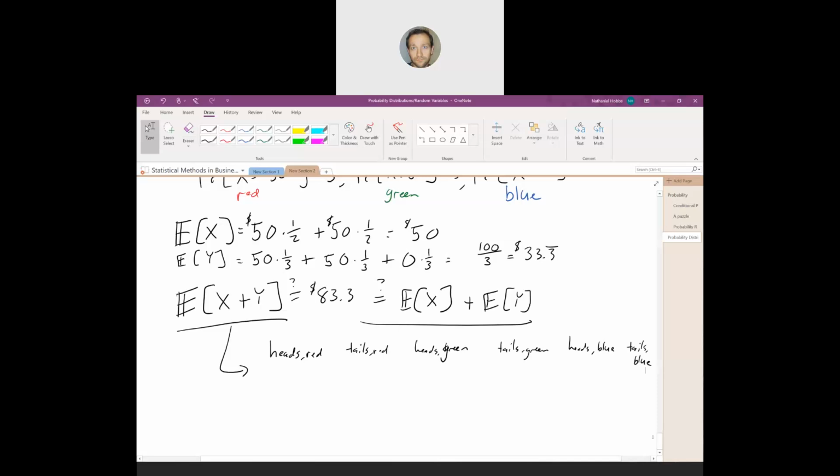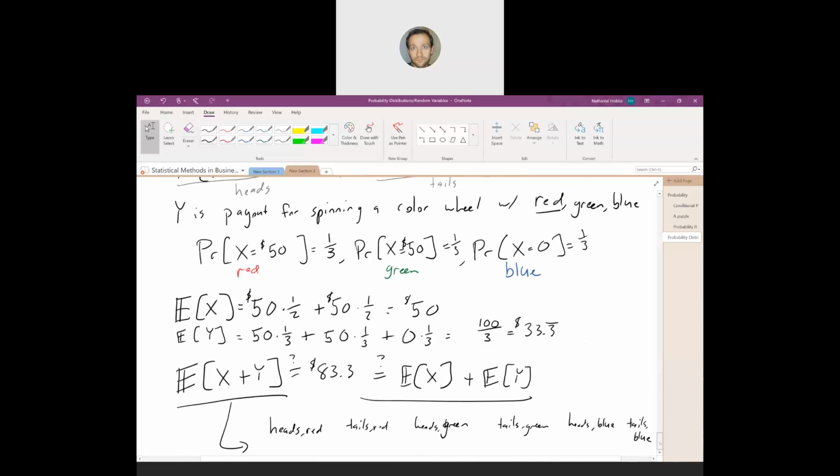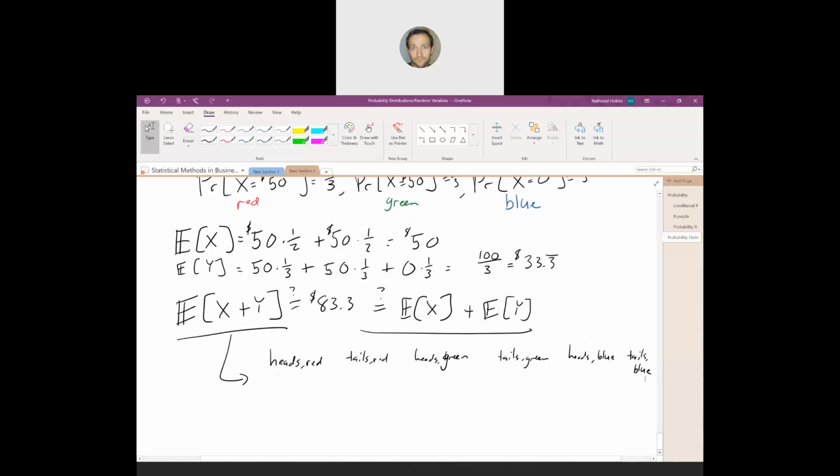The payout for these, well, this would be $50 from the coin plus $50 from the red, with a probability of 1/2 of getting the heads and a probability 1/3 of getting the red. Plus, if you get tails, that's a $50 payout, plus another $50 payout, times this.